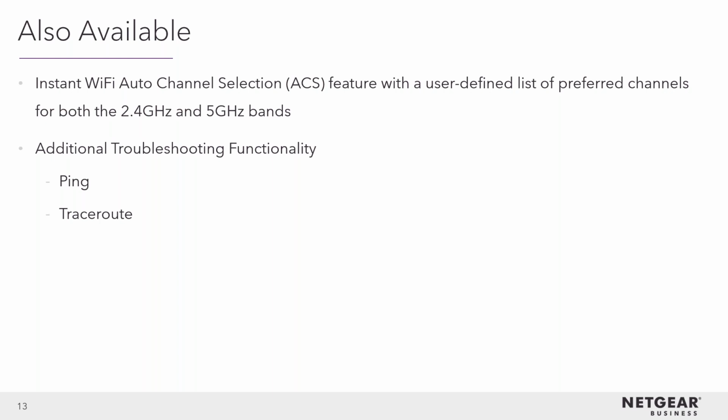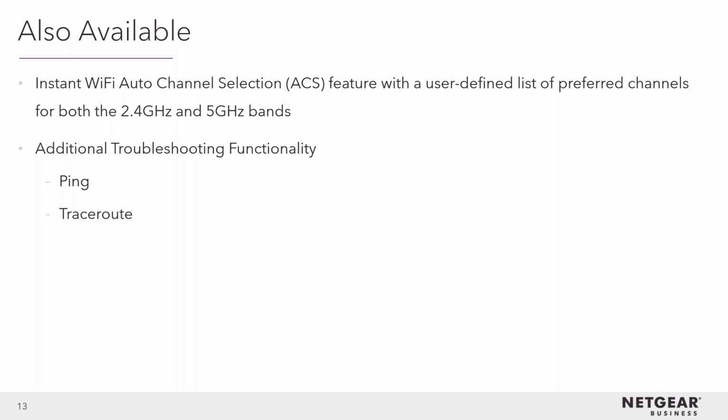So ping allows you to essentially ping the device and make sure that it's up and online, and trace route allows you to track all the hops that a packet may be taking. So very key features.